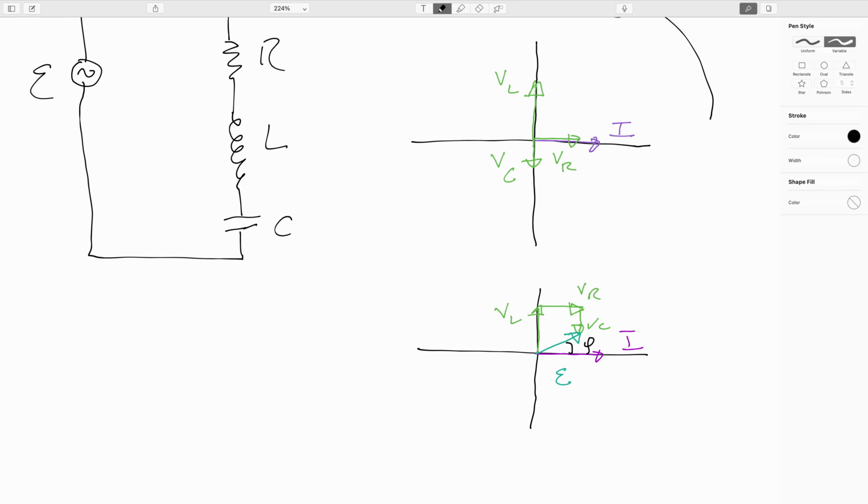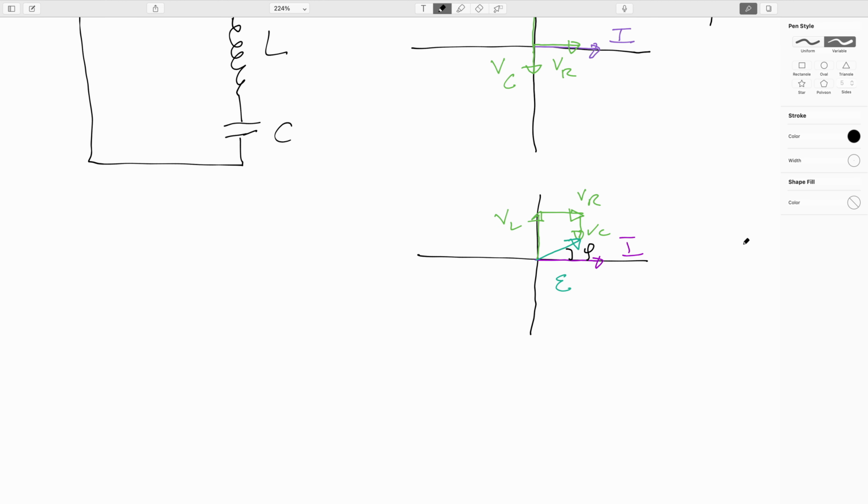Okay. So how do we go about relating the applied EMF to the current going through the circuit? Well, from that point, what we can do is, again, look at the phasor diagram. This EMF phasor here is the hypotenuse of a triangle, so I can say E squared, whose y dimension here, this much right here, is going to be equal to VL minus VC.